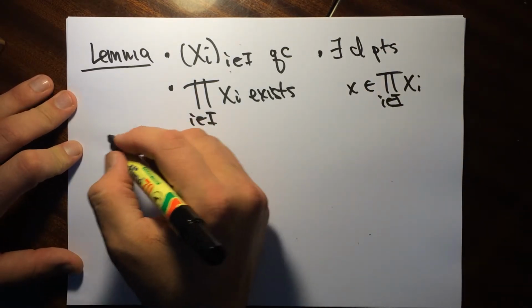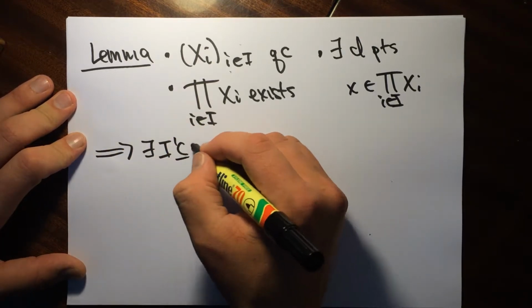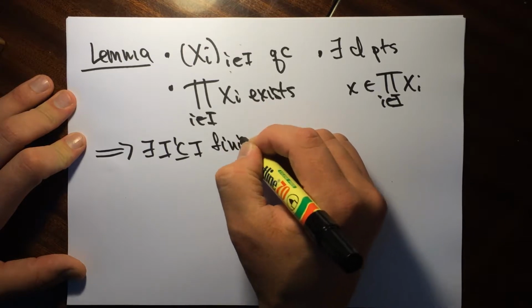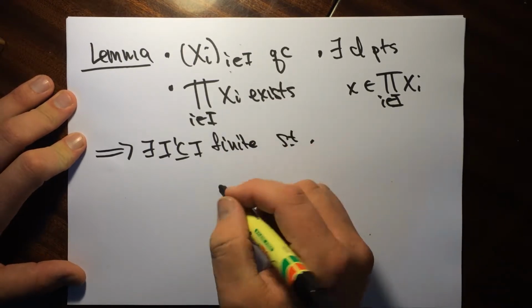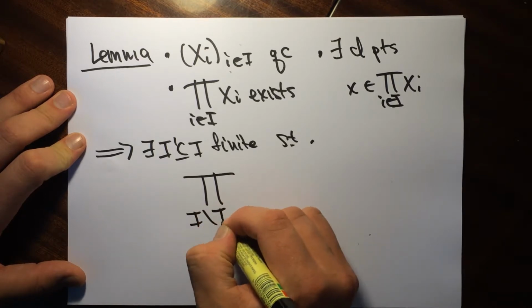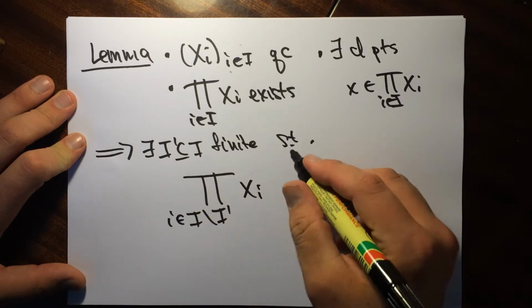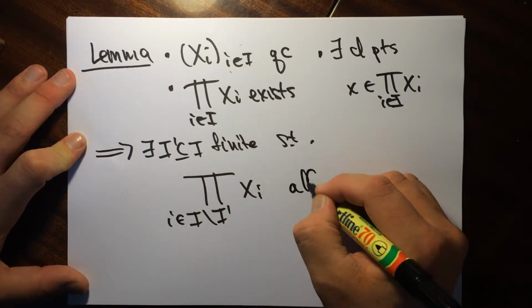Okay, so I'm going to say that there exists an I prime subset of I, which is finite, such that the following is true. When we take the product over all of these guys which are not in this set, this thing is affine.